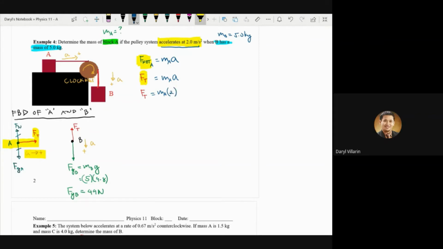But acceleration is given as 2 meters per second squared. So I have the expression for my Ft is equal to 2 times the mass of my first object. So that is my Ft. So I'm creating my first equation here.